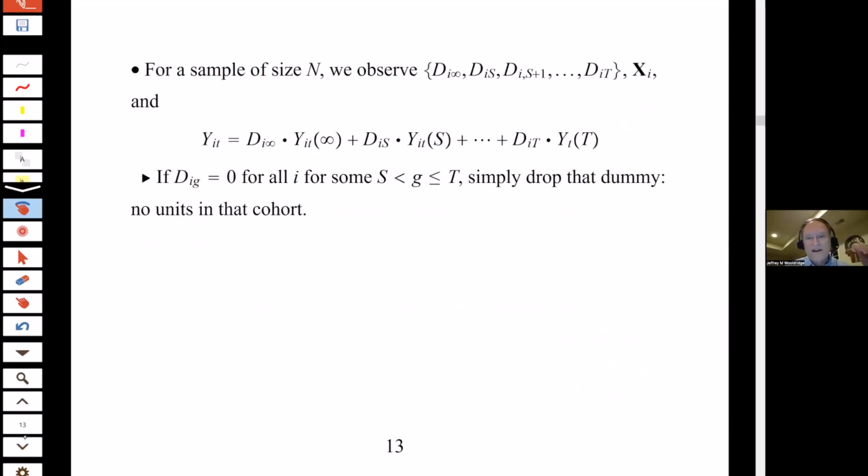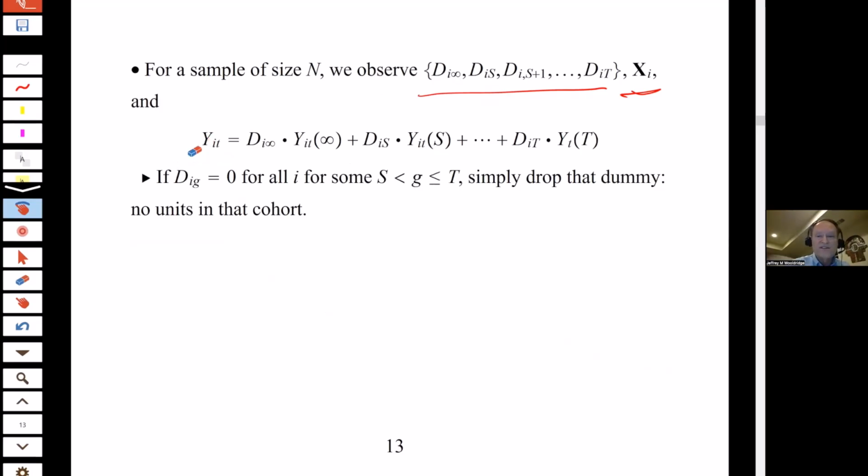Okay, so in a sample, what we can compute is the cohort, and I would recommend doing this. We see our X's, and then, of course, this is the usual story about missing data. We only observe the outcome for the cohort that the unit actually belongs to.